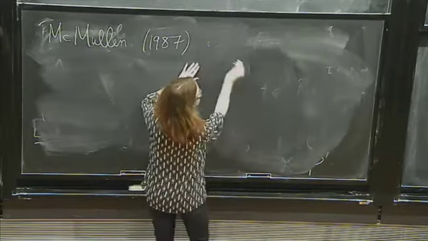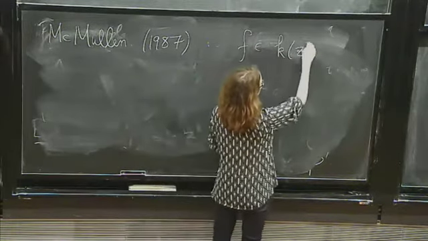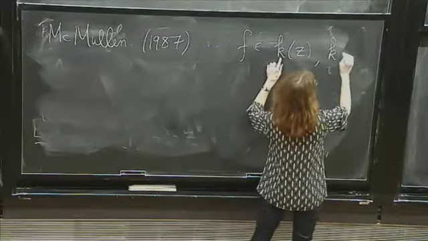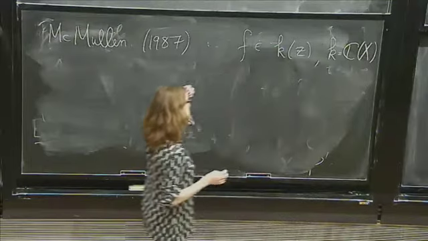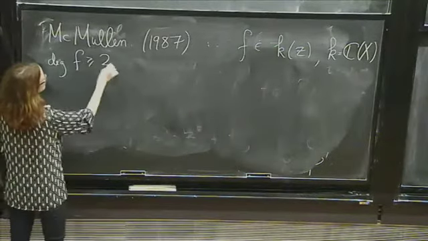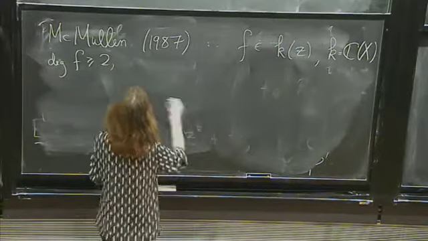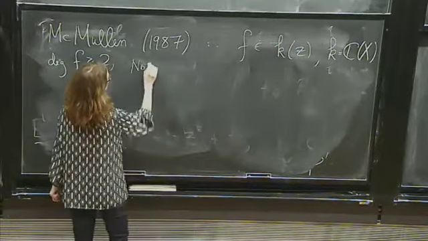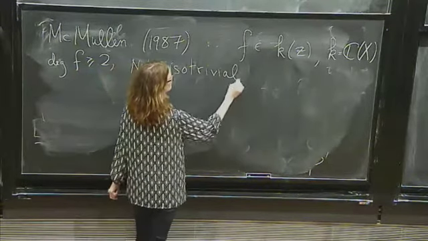He proved that if you start with one of these rational functions over a function field, as usual, of degree at least 2, and if I assume that it's not isotrivial, to use this language, I have not defined that in the context of rational functions yet.